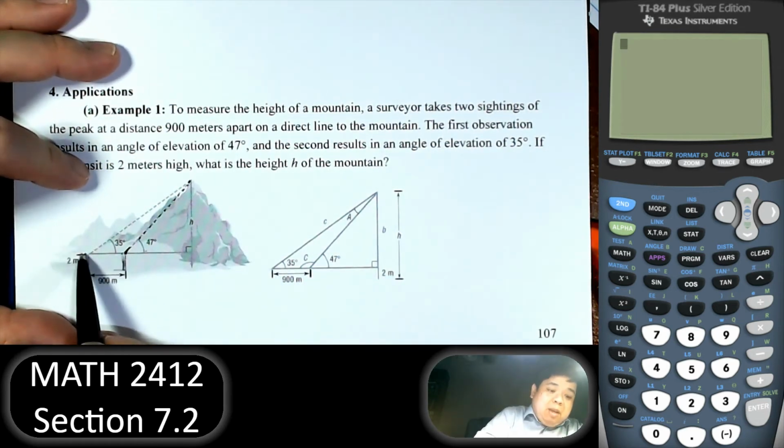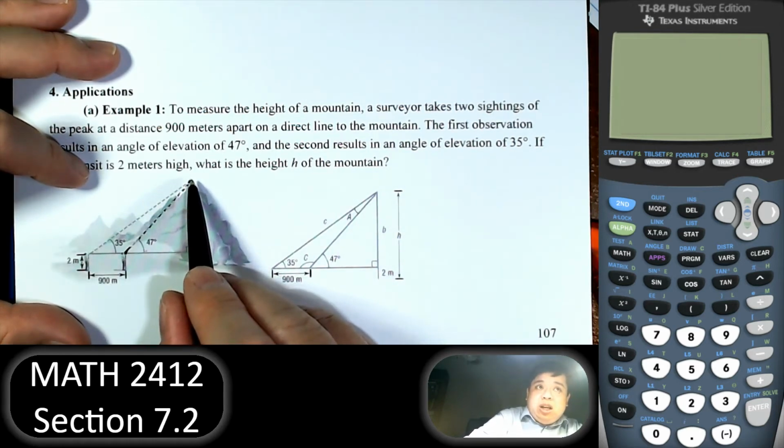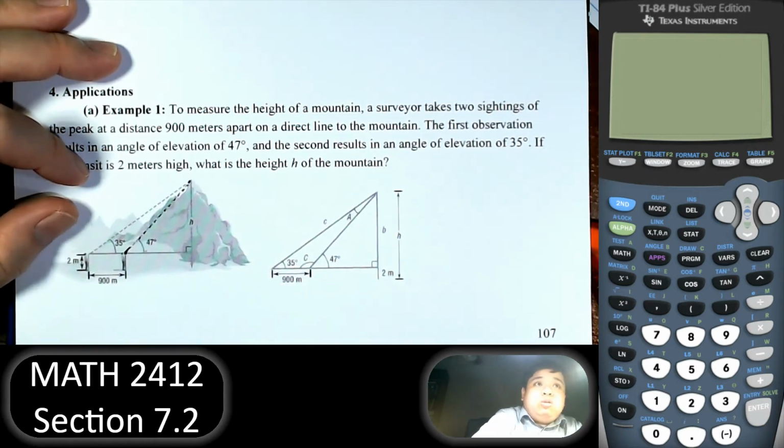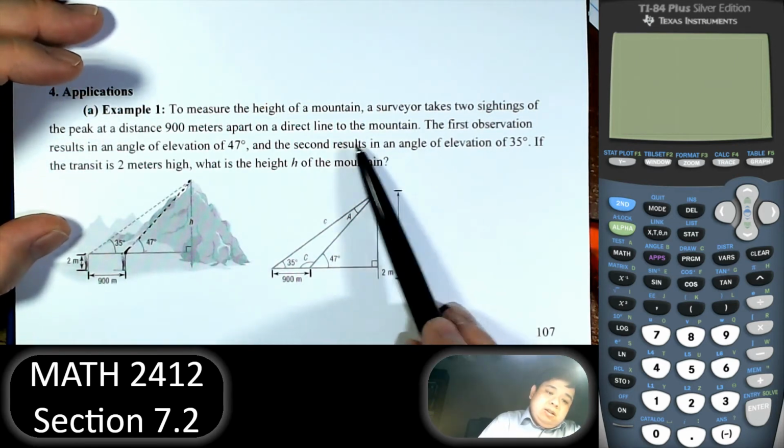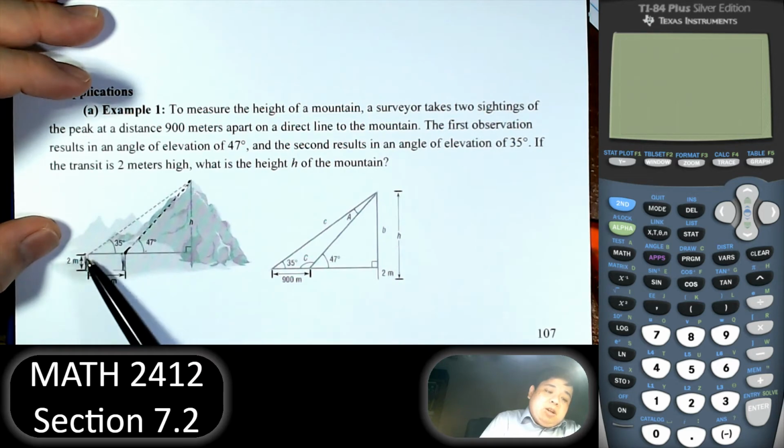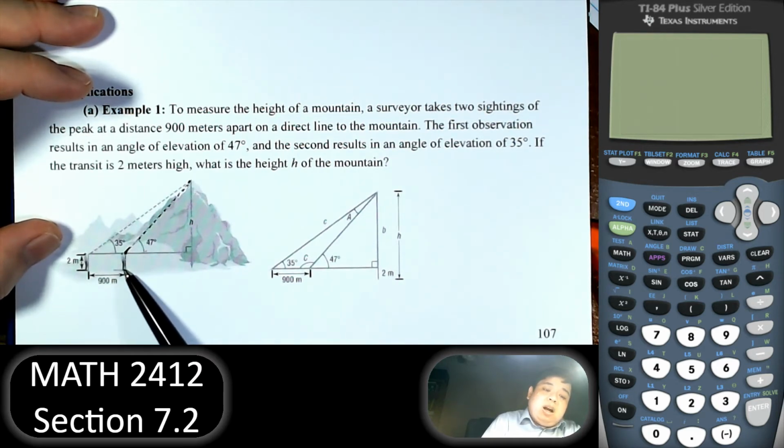And then he steps back 900 meters, looks to the top of the mountain again. This time the angle is 35 degrees. Right, that's what it is. If the transit is 2 meters high, what is the height of the mountain?